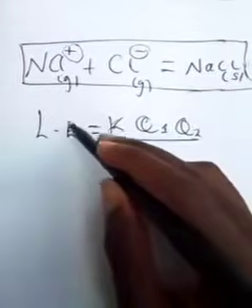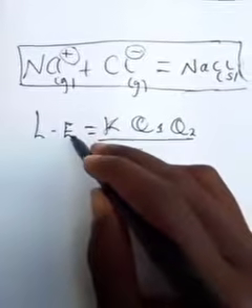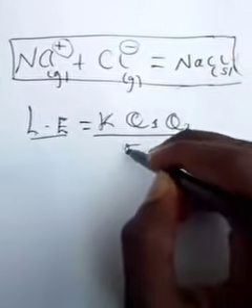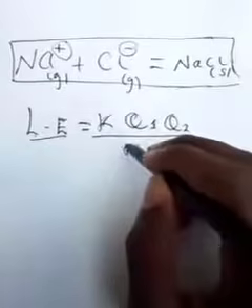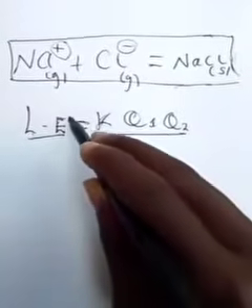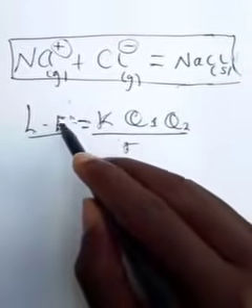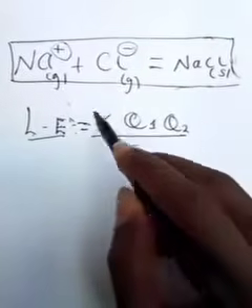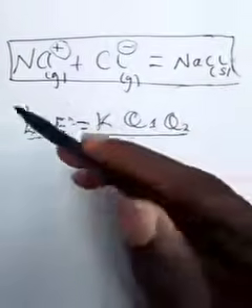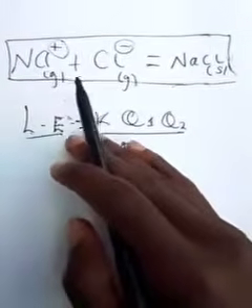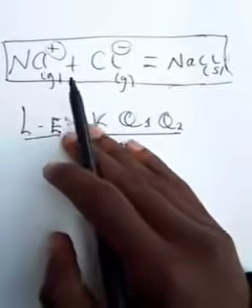So one thing that you need to know is that lattice energy is inversely proportional to radius. If the distance between them is large, it means that lattice energy will be low. But if it is opposite, the opposite will happen. You know how inversely related quantities interact, right?